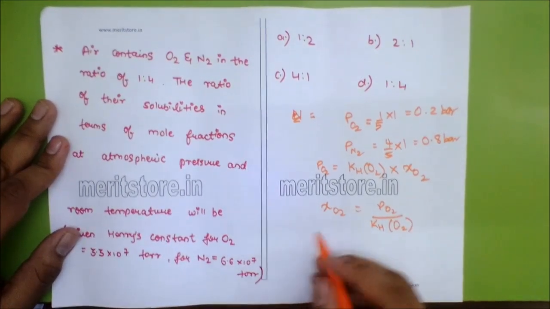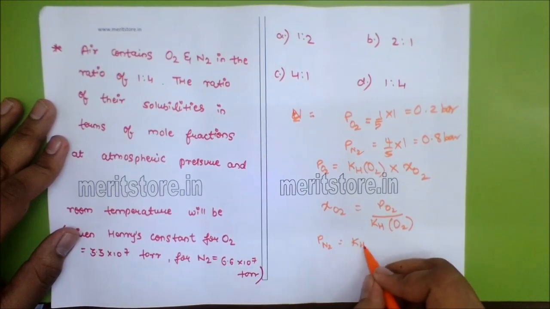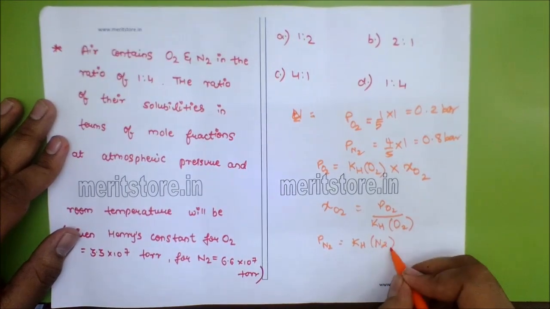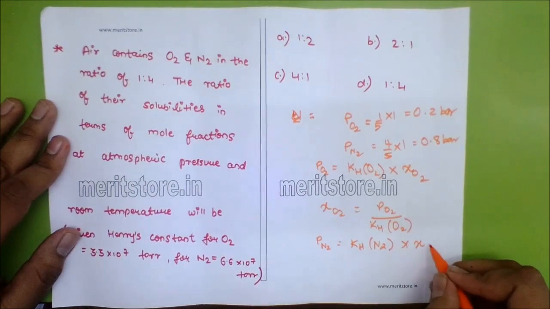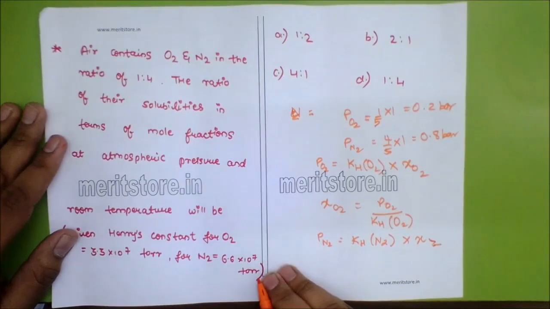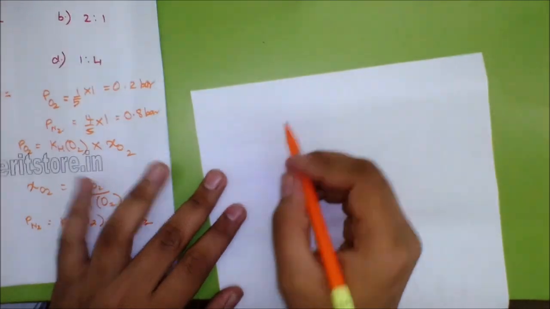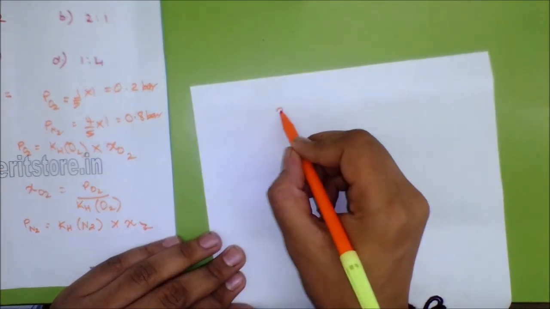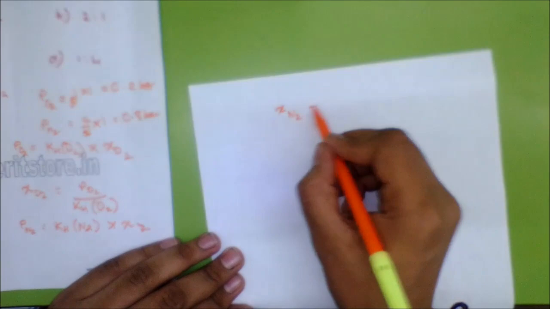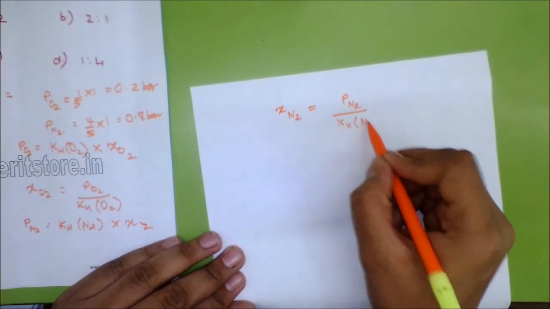Similarly, pressure of nitrogen is Kh, Henry's constant of nitrogen, into mole fraction of nitrogen, so mole fraction of nitrogen is equal to pressure of nitrogen upon Henry's constant of nitrogen.